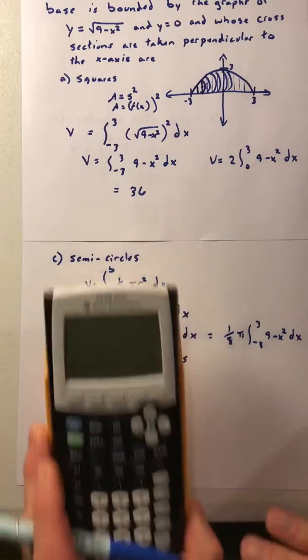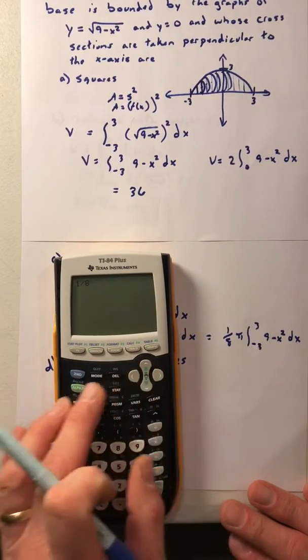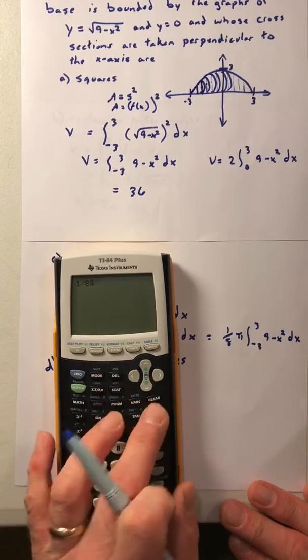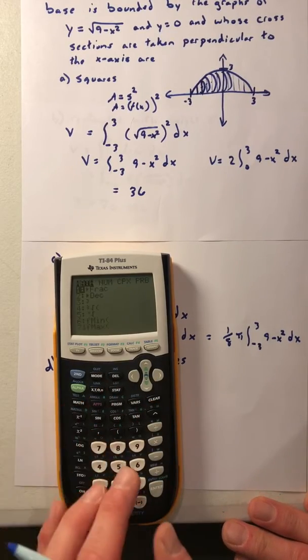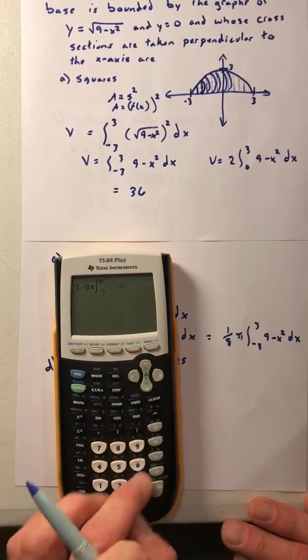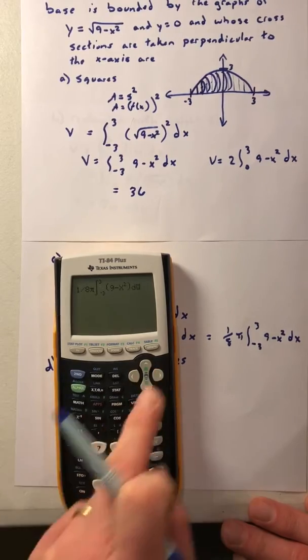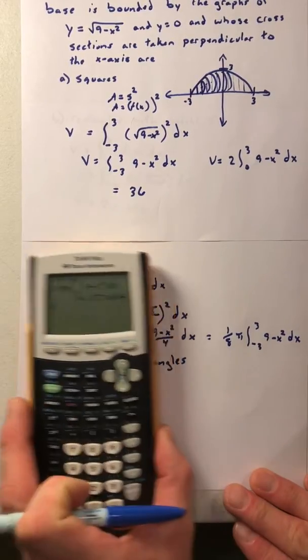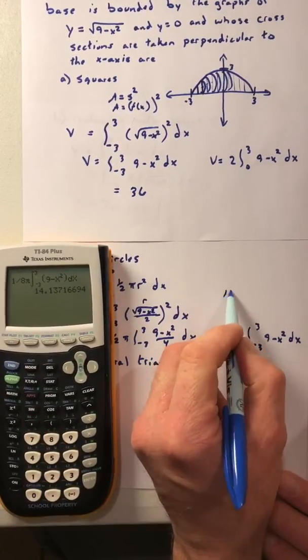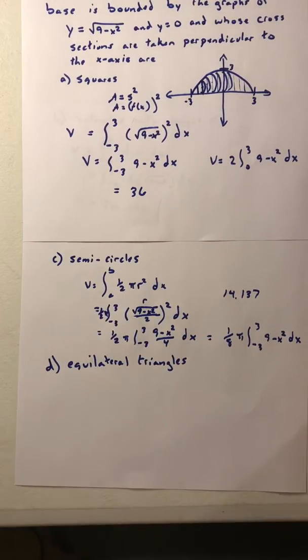Well, now if I go ahead and throw that into the calculator, I have 1 divided by 8 pi, and then times the integration, math 9, from -3 to 3 of 9 minus x squared dx. Allow it to think there for a second, and we end up with 14.137.